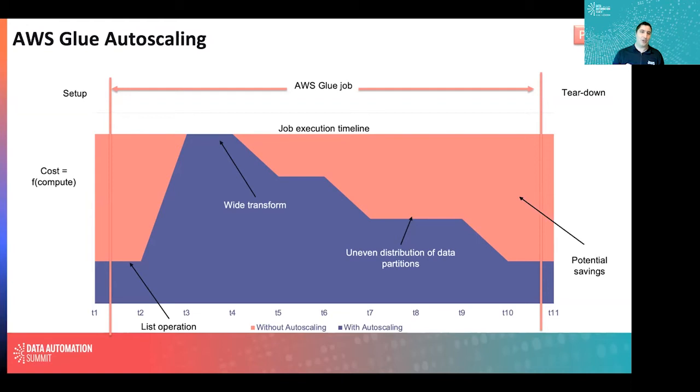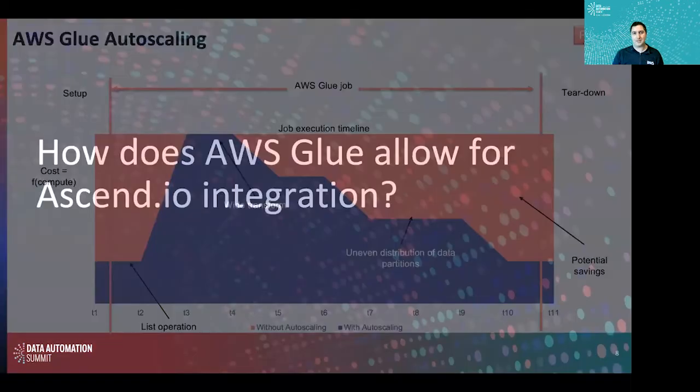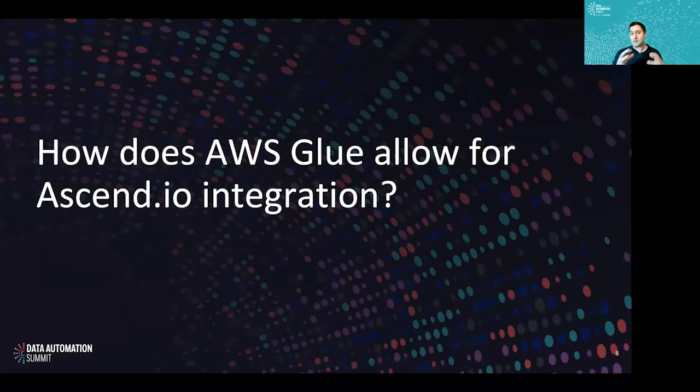This leads to a significant amount of cost savings. This leads to a significant benefit in giving you as a customer compute that you only pay for what you use. So how does this integrate with Ascend? How do we take Glue's job system and how do we plug it into Ascend.io and other platforms like it?